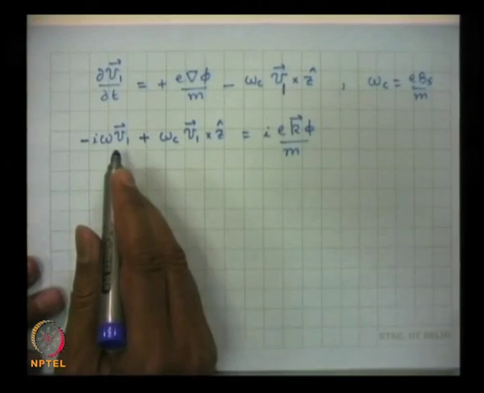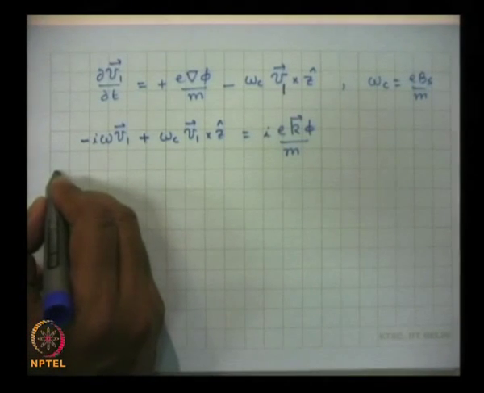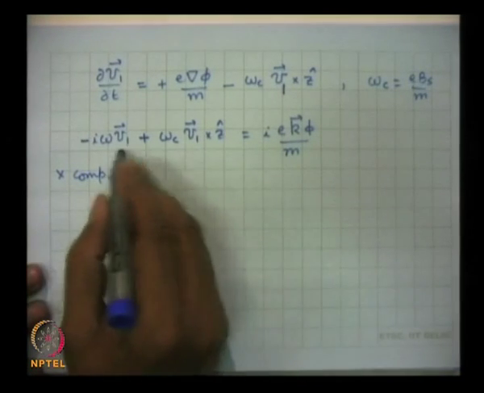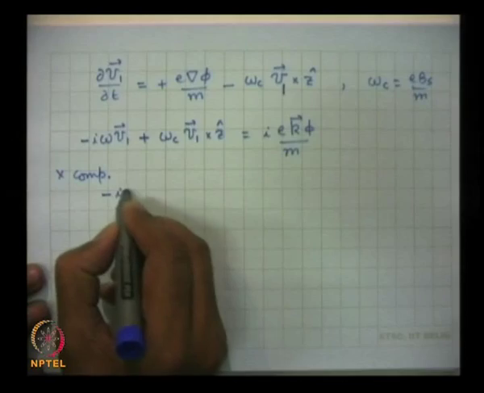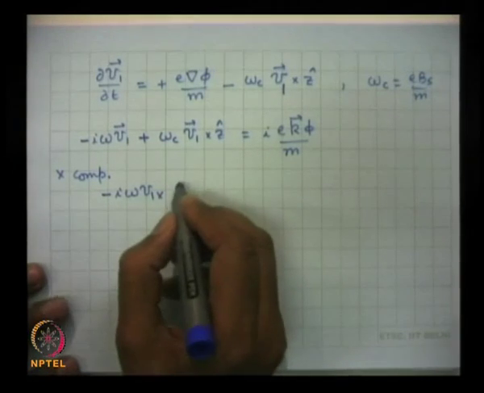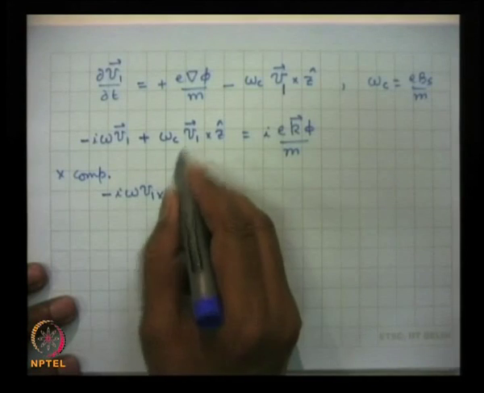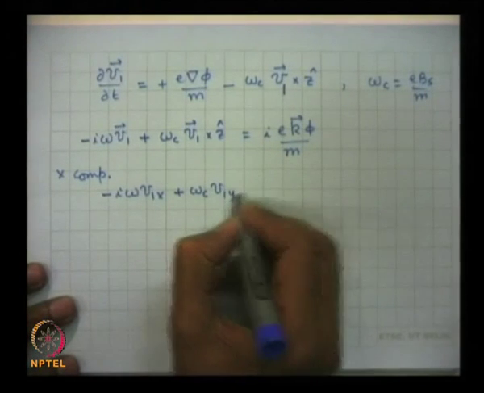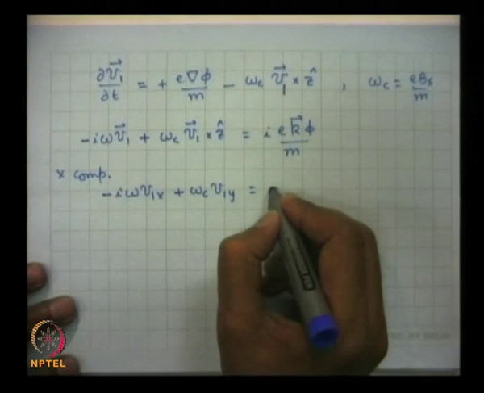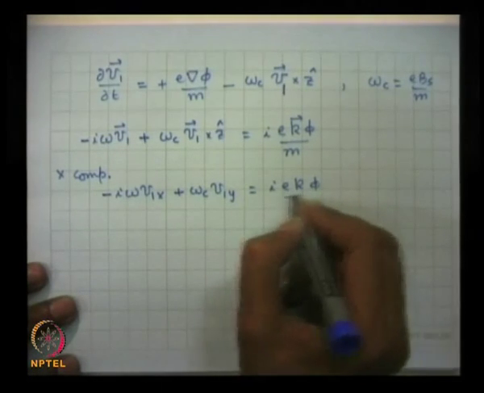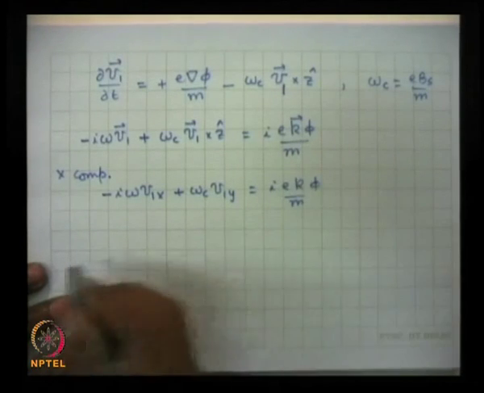Write down its components, x component and y component. X component would be minus I omega V1x, this will give you plus omega c V1y is equal to I E k phi upon m, because k is in the x direction.